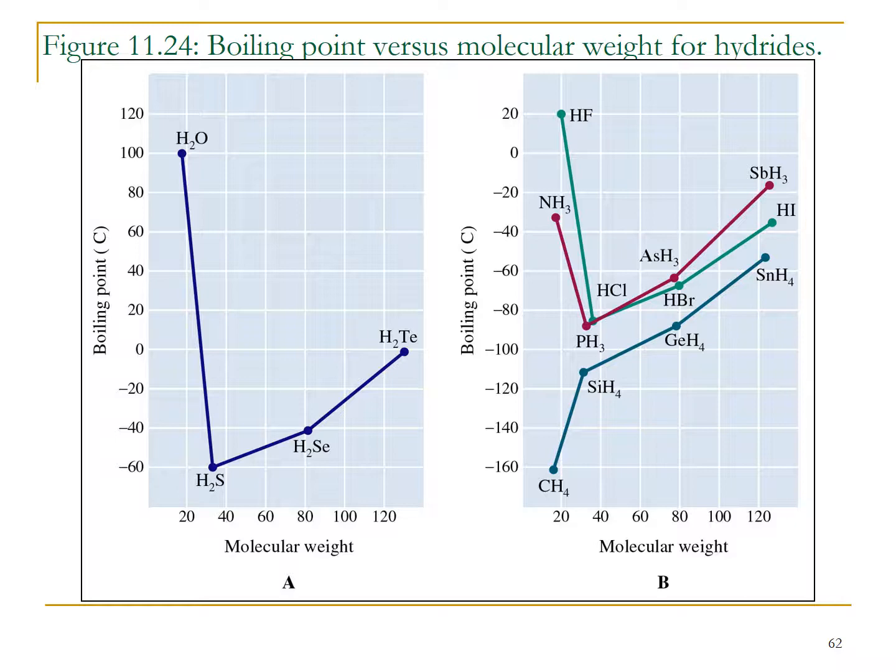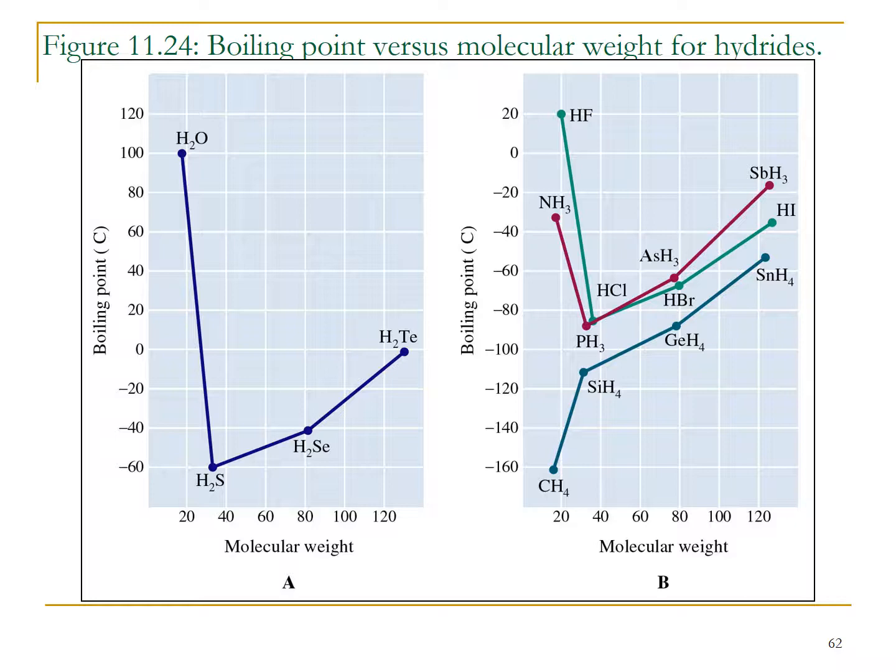H2Te is a bigger molecule. So you see the trend. You expect that the boiling point will go up as the molecule gets bigger because it has stronger London forces. So if water were a normal molecule, you would expect the boiling point to be even lower than -60. But because water has that really strong hydrogen bonding, it actually has that boiling point up above at 100.